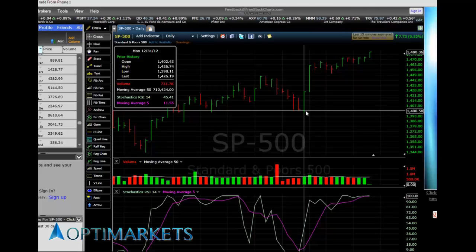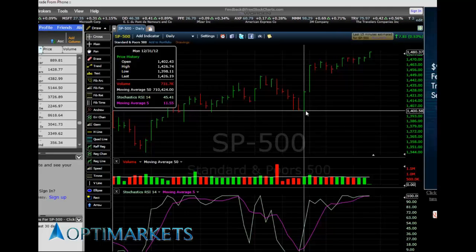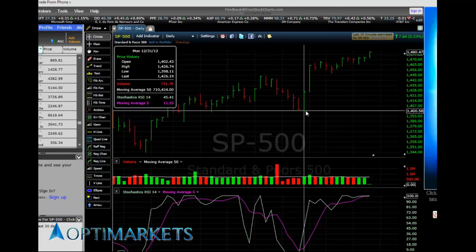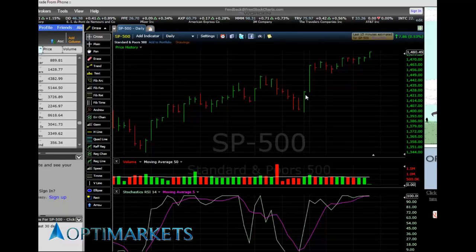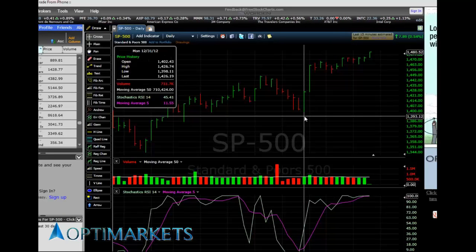The low was 4 points lower, approximately 1398.11. The high, 1426.74, and the right hand dash on the side of the bar is the closing print. So we closed on December 31st, 2012 in the S&P 500.